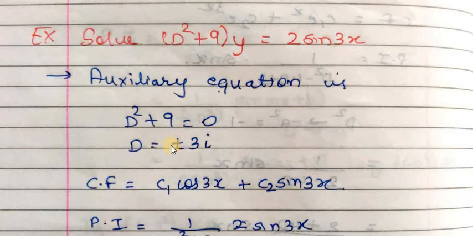Here the real part is absent, so the value of alpha is 0 and the value of beta is 3. So e raised to 0x becomes 1 into cos 3x, and again e raised to 0x becomes 1 into sin 3x, and then its linear combination. So overall CF will become c1 cos 3x plus c2 sin 3x.